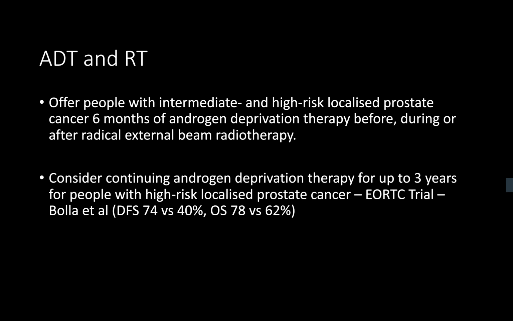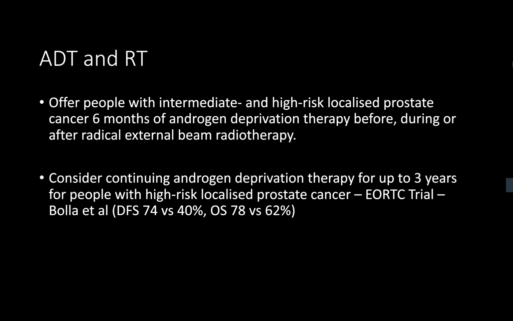Androgen deprivation, as explained by the Bolla trial, improves long-term survival when given with radiotherapy. The NICE guideline has added that it should be neoadjuvant for 3 to 6 months, starting before radiotherapy, and after that continued as adjuvant for 2 years for intermediate risk.